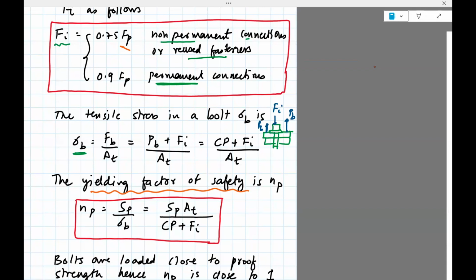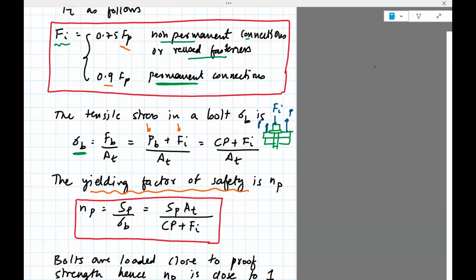Okay, so the yield factor of safety is SP divided by sigma B. SP is, as I said, a spec, determined by the proof strength. Sigma B is something which will depend on the loading. PB comes from what you're subjecting the specimen to. This is PB, which is C times P. P should be the total load, my bad.